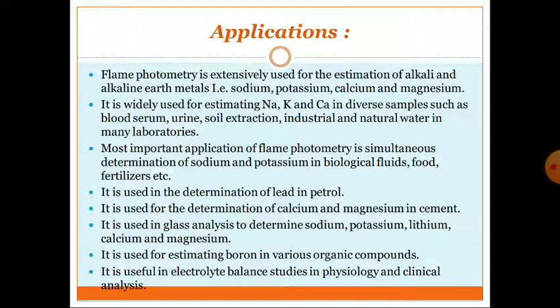Second, it is widely used for estimation of sodium, potassium and calcium in diverse samples such as blood, serum, urine, soil extraction, industrial and natural water in many laboratories. Third, the most important application of the flame photometer is simultaneous determination of sodium and potassium in biological fluids, food, fertilizer, etc.